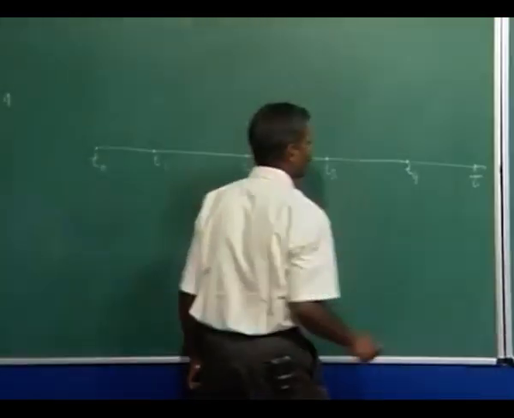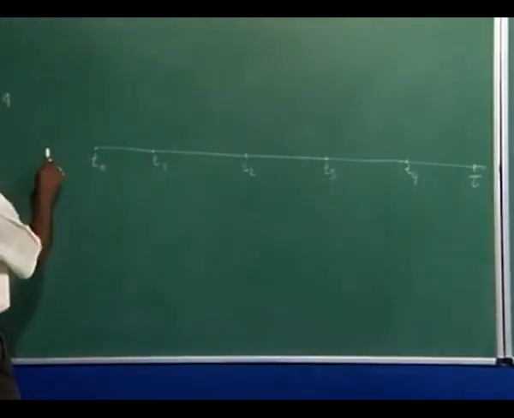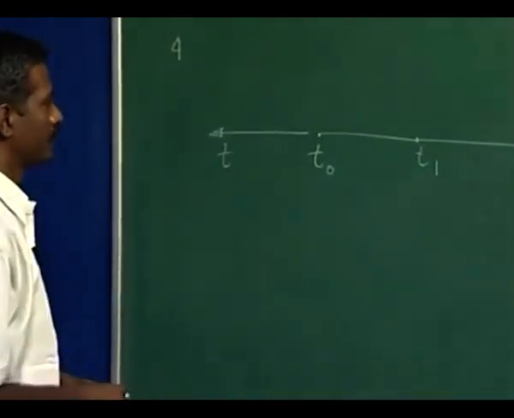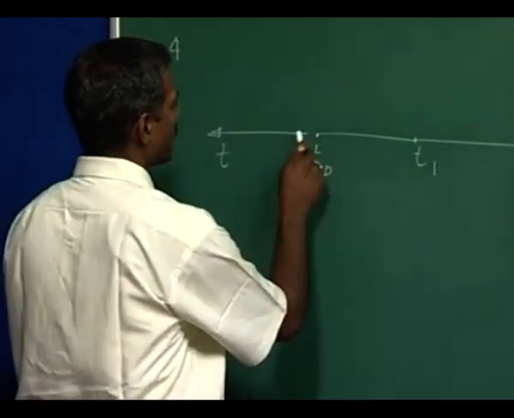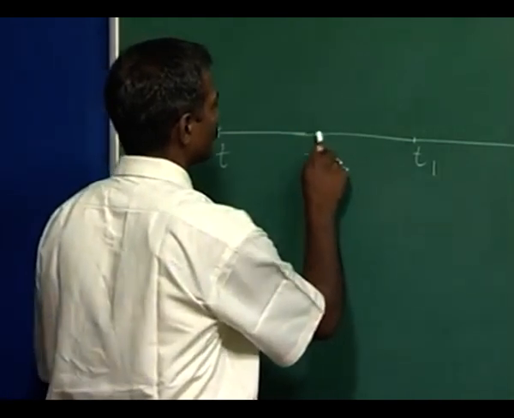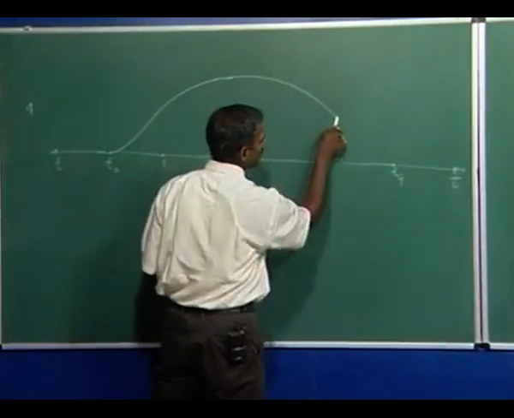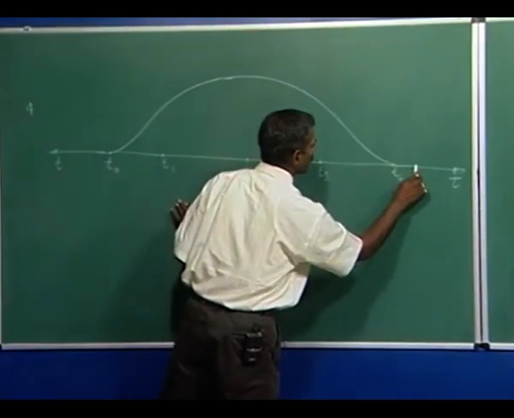This is the parameter axis, T to the right and to the left. My B-spline basis function will start from T0 and end at T4.